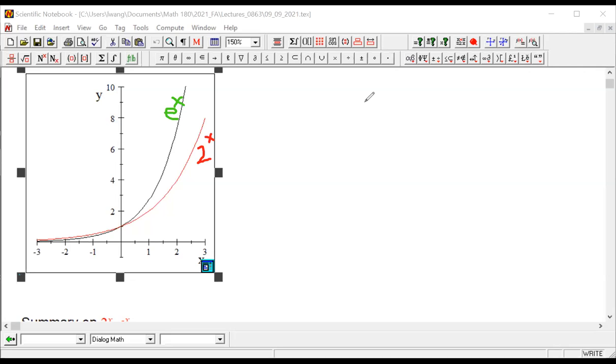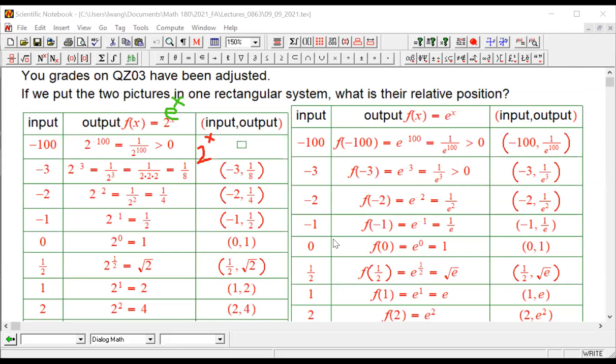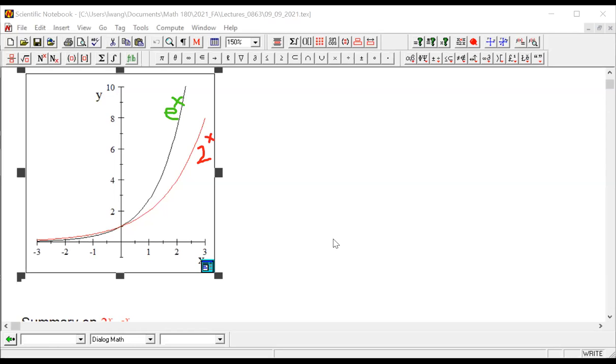And as we said earlier from the table, could you guys look at the table at the same time? On the positive input, e to the power x is higher than 2 to the power x. On the negative input, 2 to the power x is higher than e to the power x.